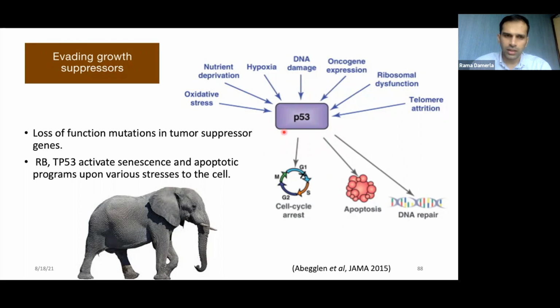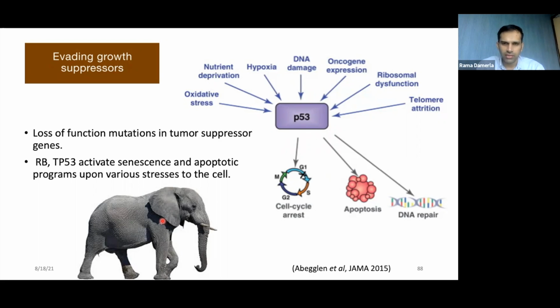But most of these cancers have mutations in the P53 gene, and I put a picture of this elephant here because it is known that elephants very rarely get cancers, or they almost never get any cancer. There was a publication a few years ago that showed that elephants have almost tens of copies of the P53 gene.